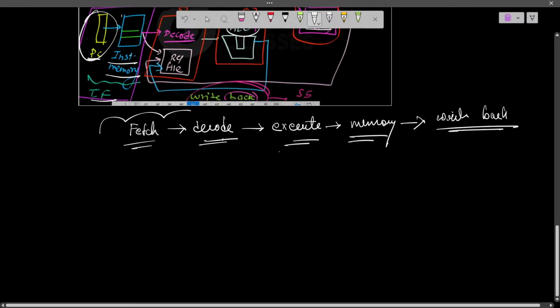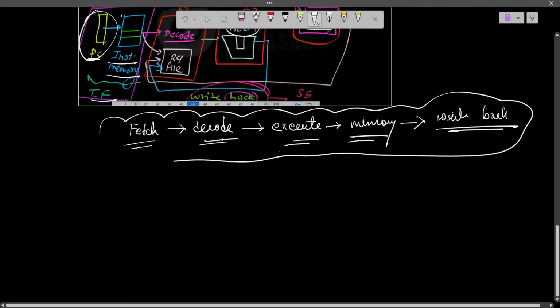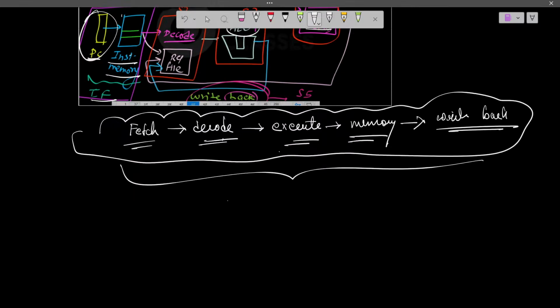Generally we work with a five-stage pipeline.